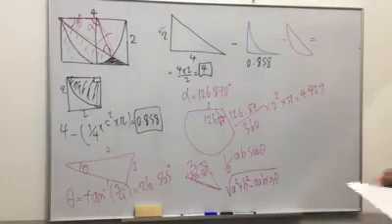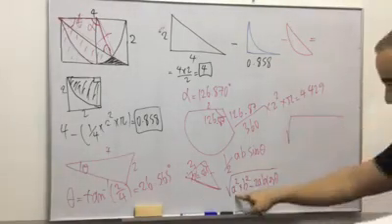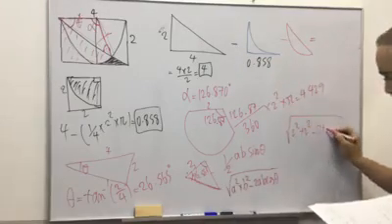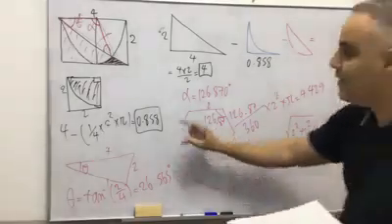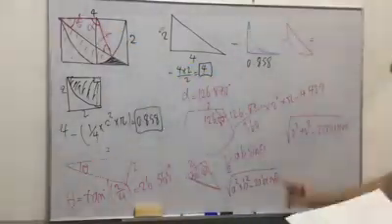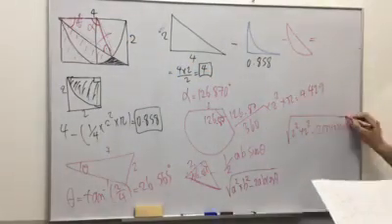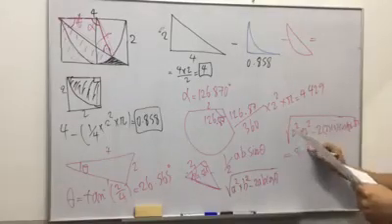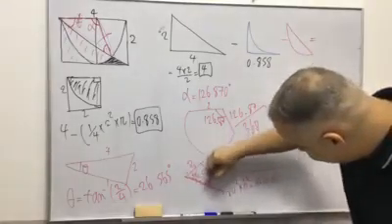So let's put the numbers here. I get the root of 2 squared plus 2 squared minus 2 times 2 times 2 cosine of this angle that I already have, which was the angle alpha, 126.87. That is 3.578, which is the base of this triangle.